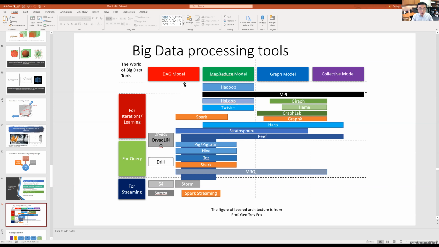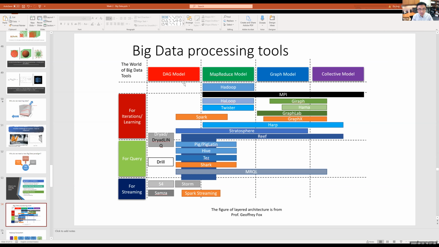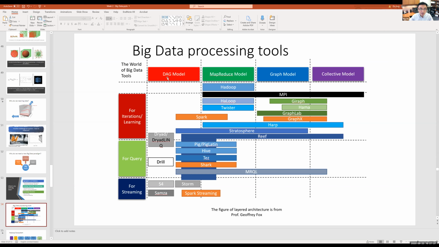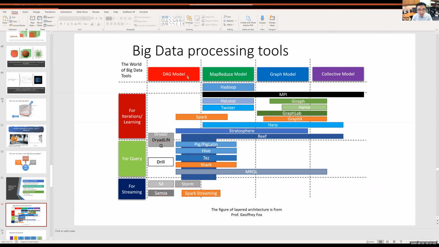We have four main types of big data analysis methods or systems: the DAG, directed analytic graph model, the MapReduce model, the graph model, and the collective model. The graph model and DAG model are very similar, as they are based on the theory of graphs.